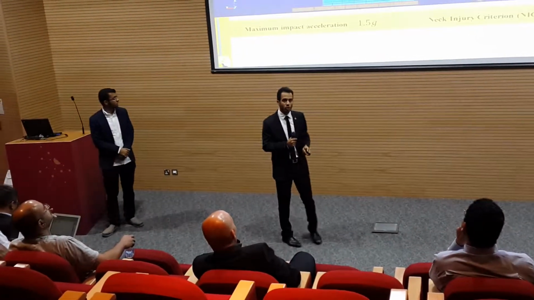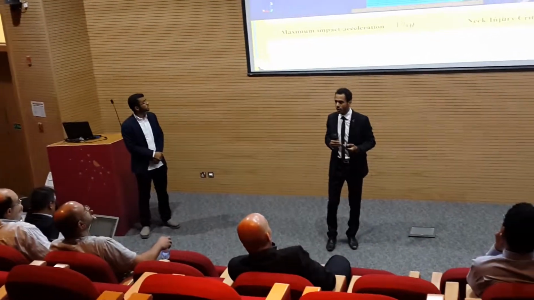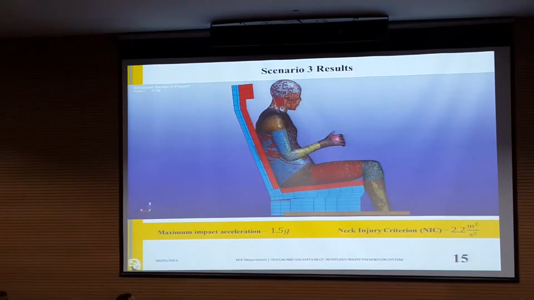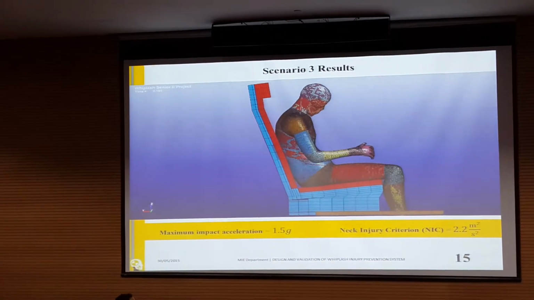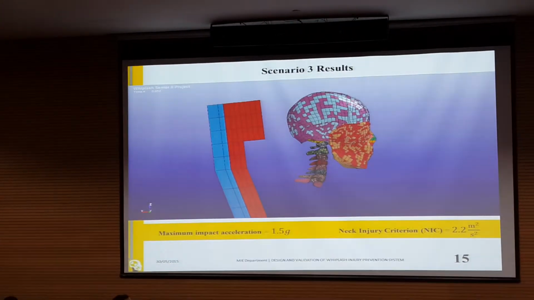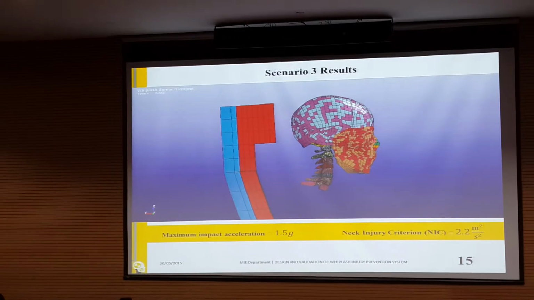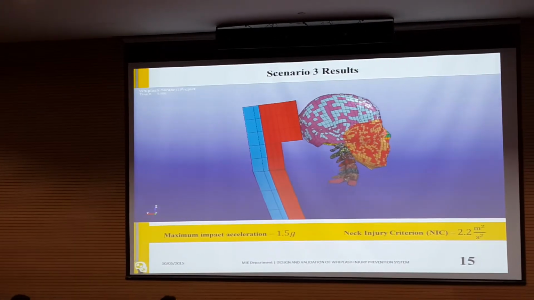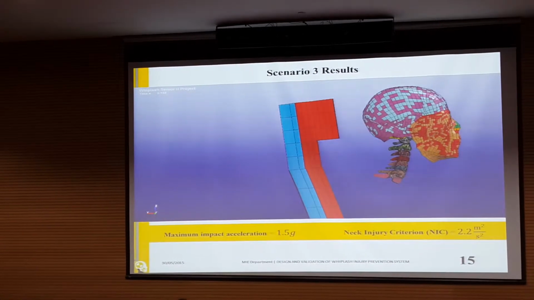In the last scenario, with the simultaneous activation of the sliding motion and the head restraint deployment, or reduction in the backrest distance, we can see that the head and the torso have a synchronized motion throughout the duration of the impact.